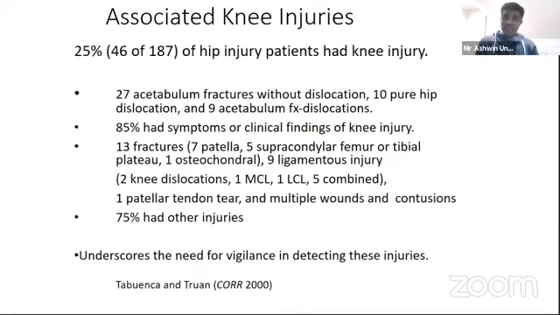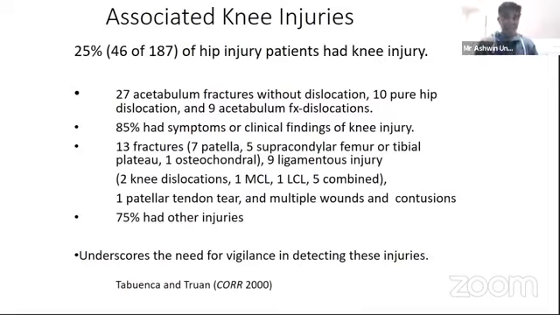Associated knee injury occurs in 25% of patients with hip dislocation. It could be anything from patellar fracture, knee dislocation, to patellar tendon rupture. But the point here is that when you have a hip dislocation, you should do an ATLS structured approach to the patient: a primary survey, a secondary survey, and a tertiary survey.